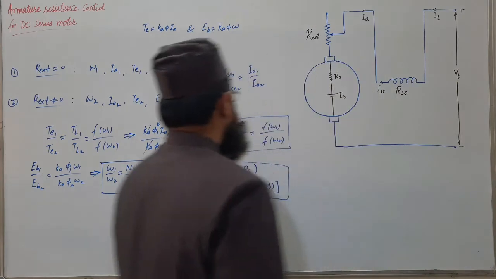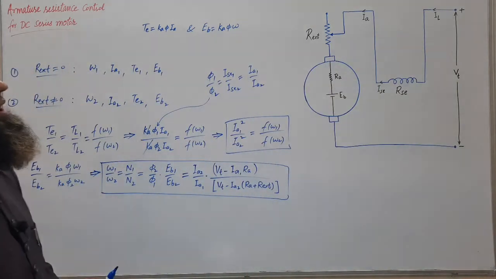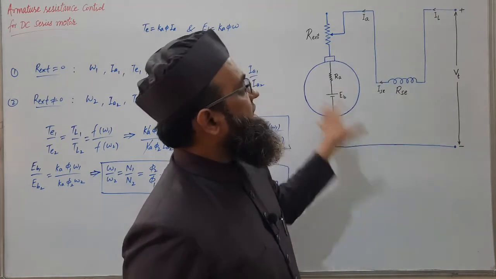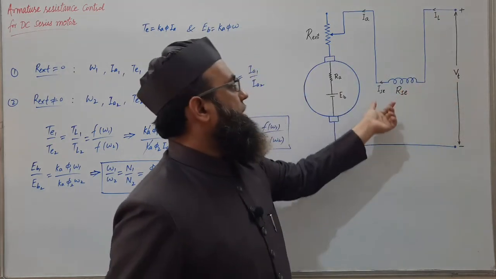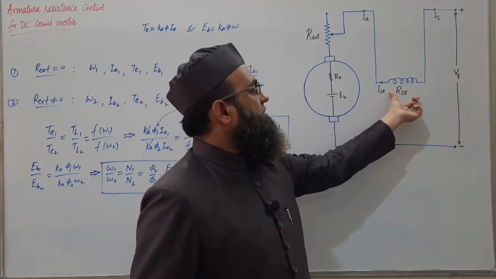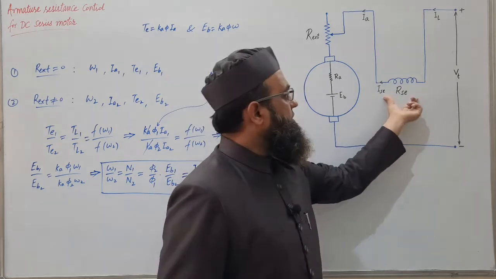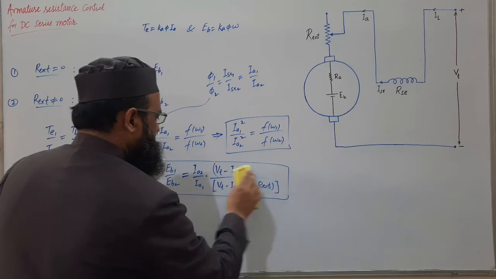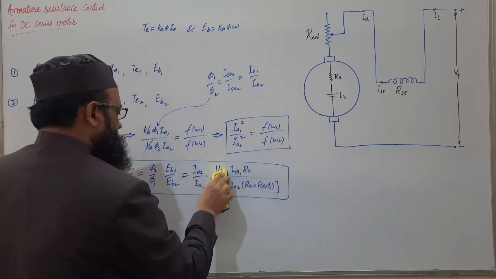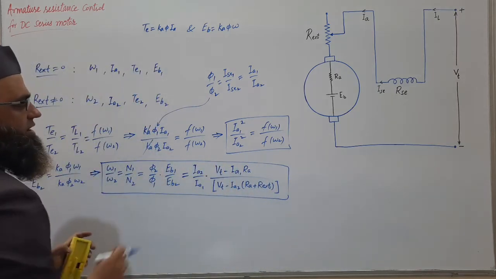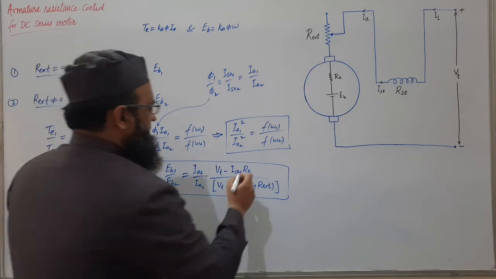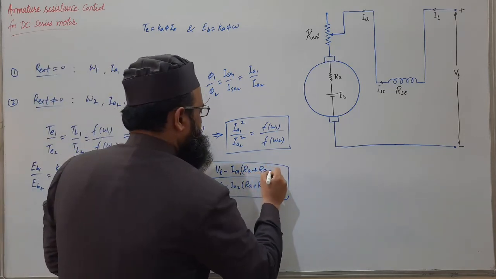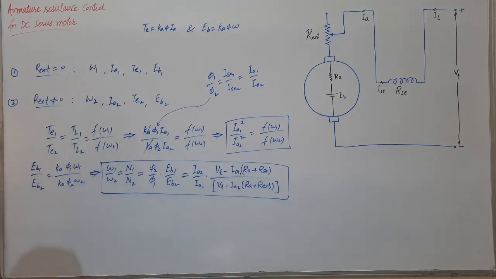Please make one necessary correction. This is DC series motor. So while writing this KVL equation, we forgot to write this drop RSE, right? So make the necessary correction like this. While writing EB1, it will be Vt minus IA1 (Ra plus RSE), fine.